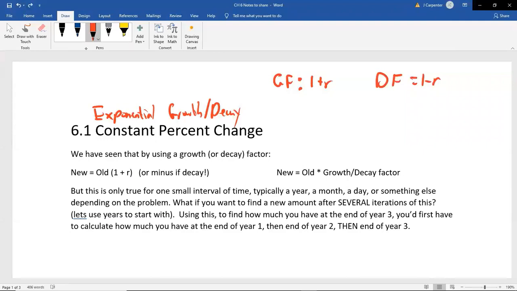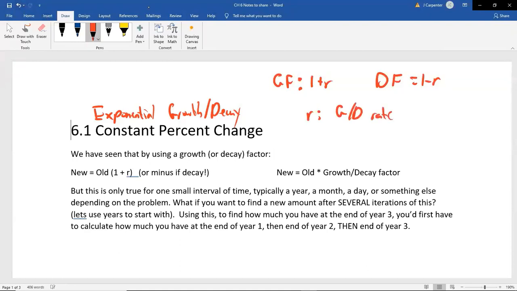So we have seen that by using a growth or decay factor, when something is changing by a percentage over a year, we can find the new year's amount based on the old year's amount times its growth factor, where the r is the growth or decay rate.